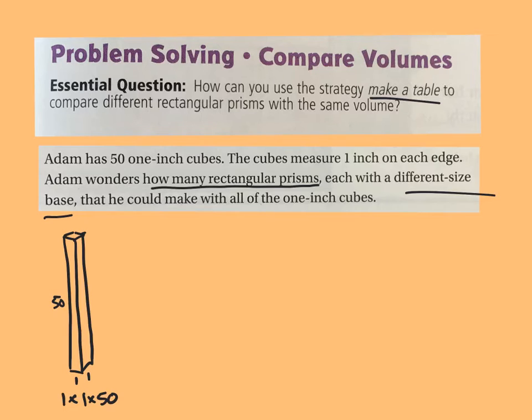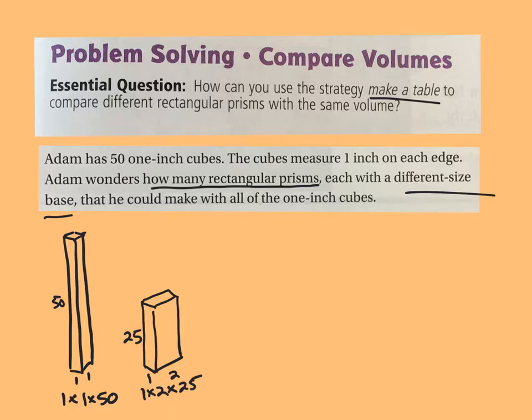So, let's see. Okay, I could use a 2-inch base. And that might look something like this. So that would be a 1 times 2 times 25. So that's one other rectangular prism that I could build using 50 1-inch cubes.